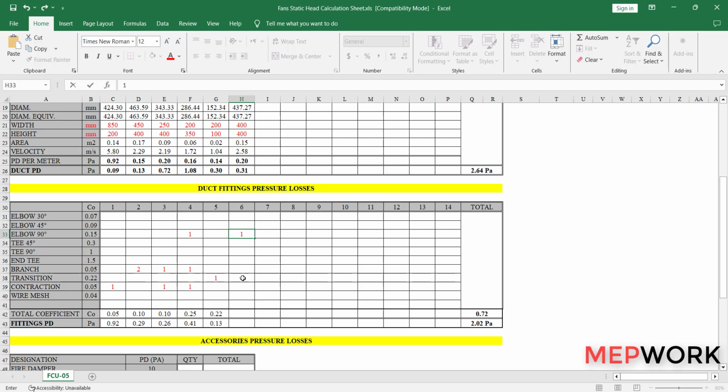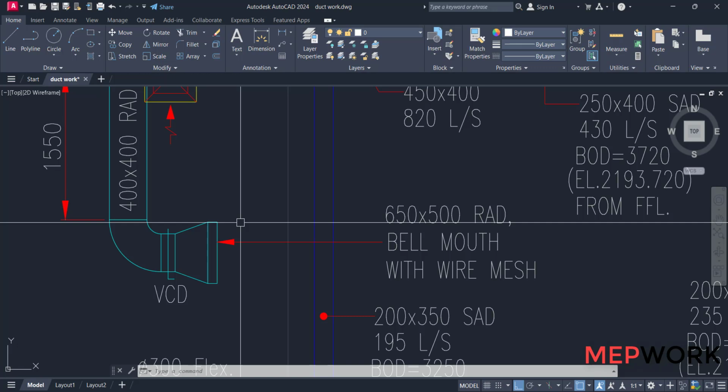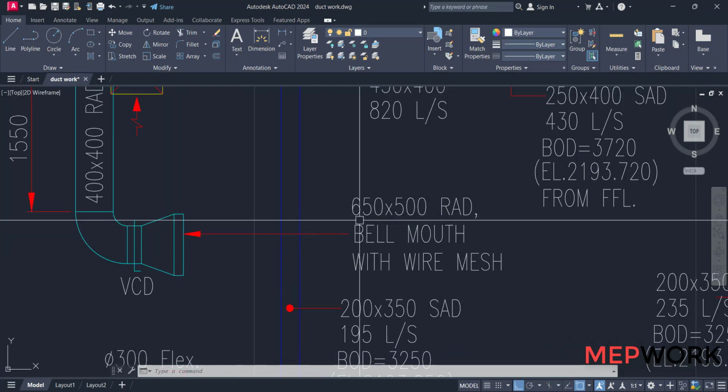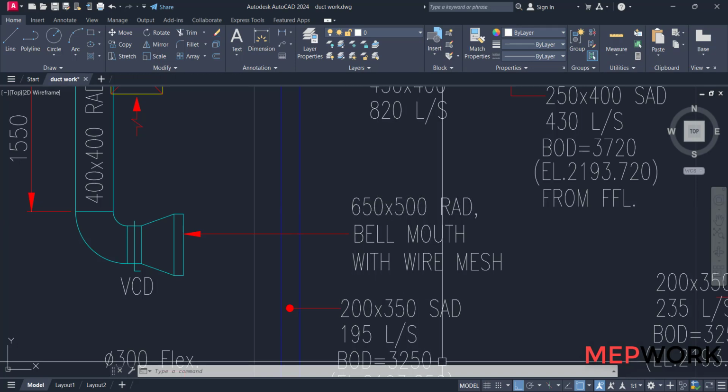One elbow and one contraction. The final part is this bell mouth. Its size is 650 times 500.